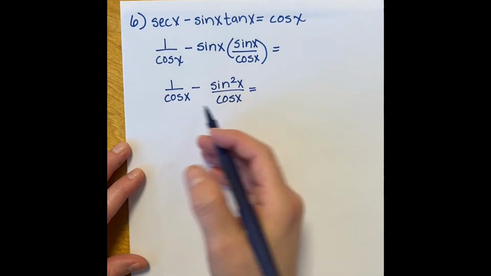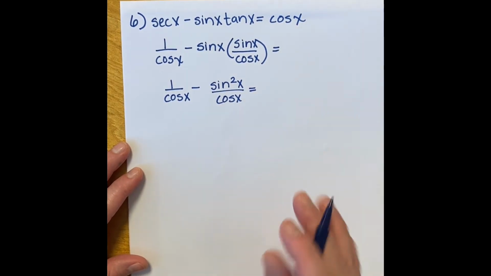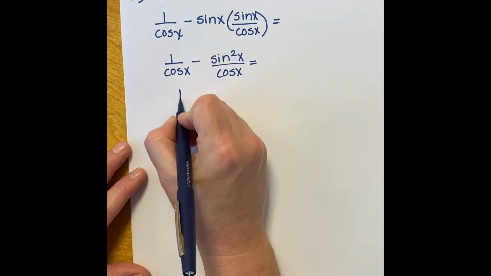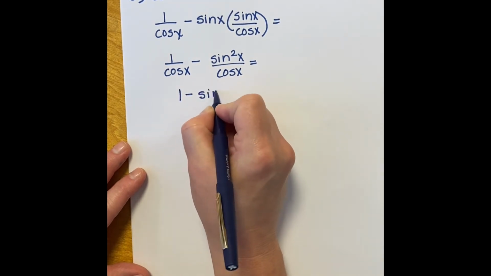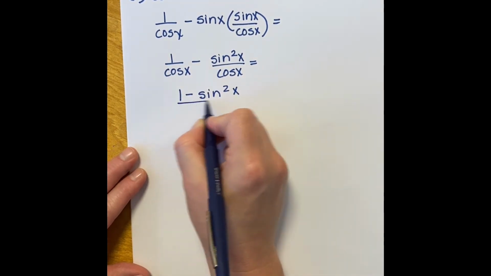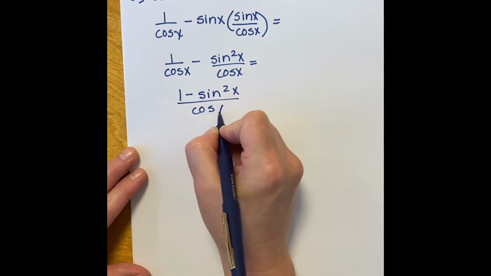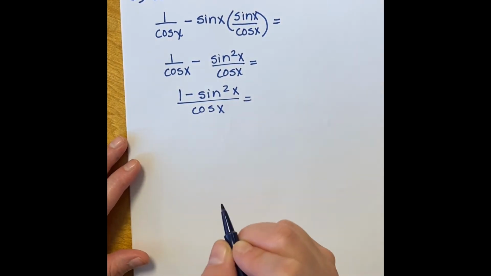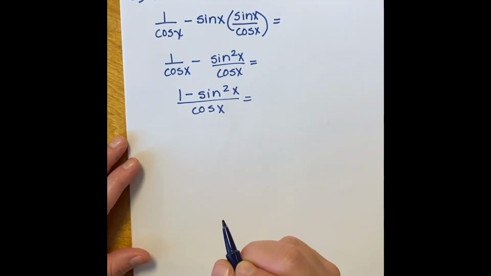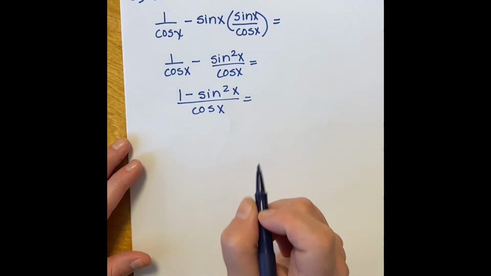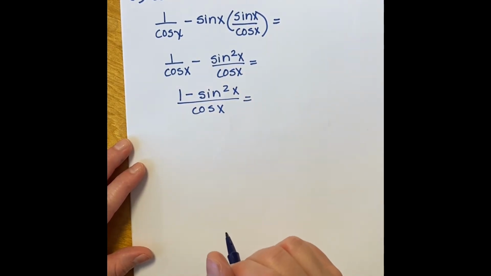Well, since these already have a common denominator, we should just probably put them together, right? So we have 1 minus the sine squared of x over the cosine of x. You see where this is going? You getting a tingly feeling in the back of your noggin? What's 1 minus sine squared going to equal?